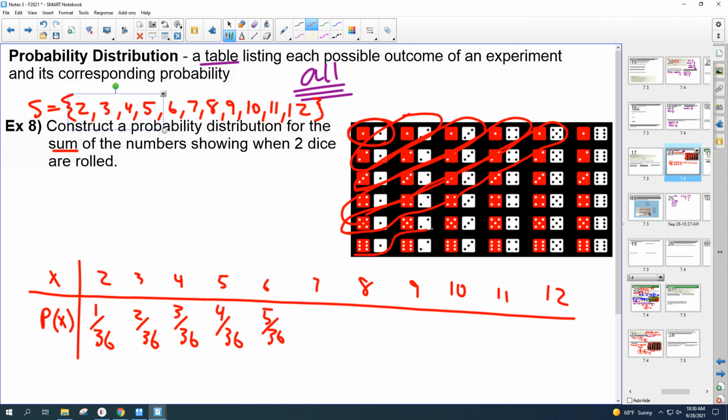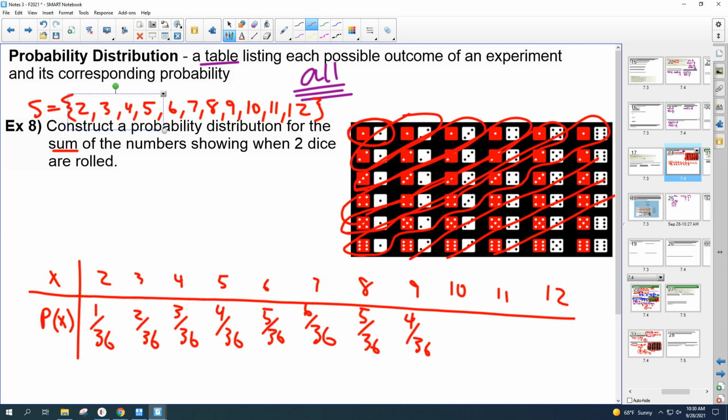7. There are 6 different possibilities out of the 36 that could add up to 7. And then there are 5 possibilities that could add up to 8. And there are 4 possibilities that could add up to 9.